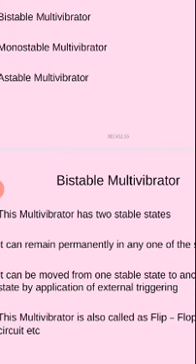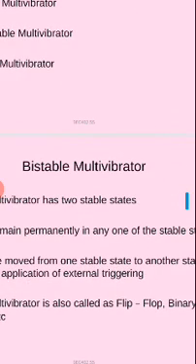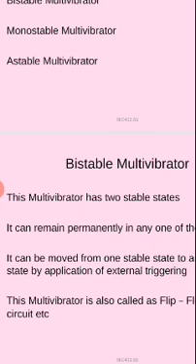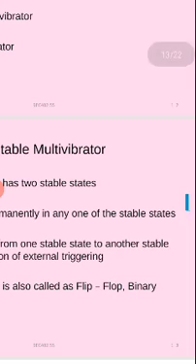Bistable multivibrator. This multivibrator has two stable states. It can remain permanently in any one of the stable states.